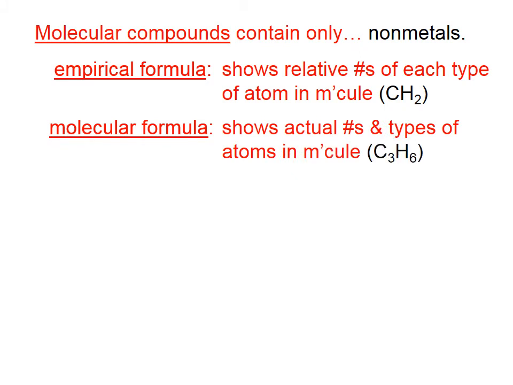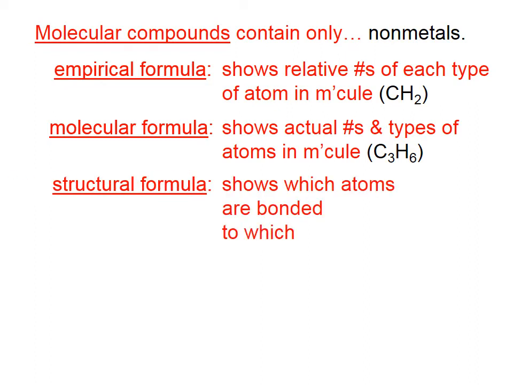The molecular formula shows the actual number and types of atoms. This molecular formula, C3H6, would have the empirical formula shown above it, CH2. When we say a structural formula, we're talking about a diagram that shows which atoms are bonded to which.